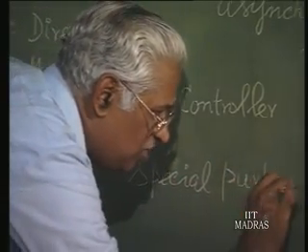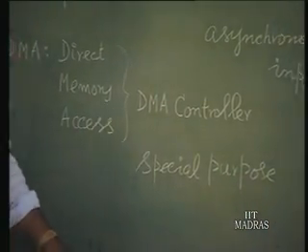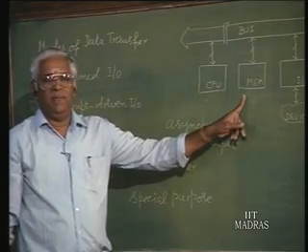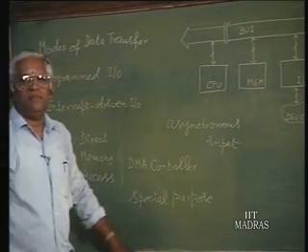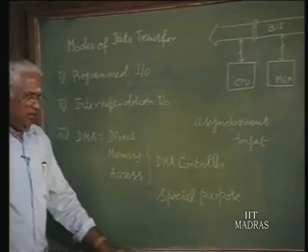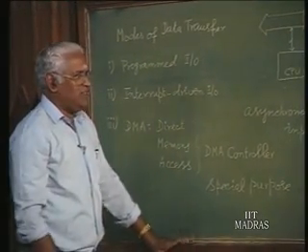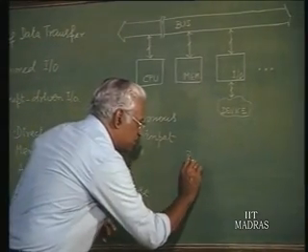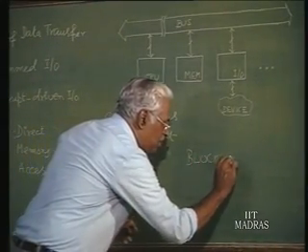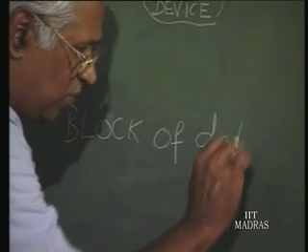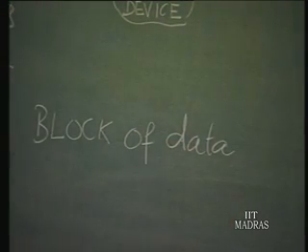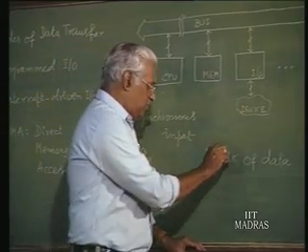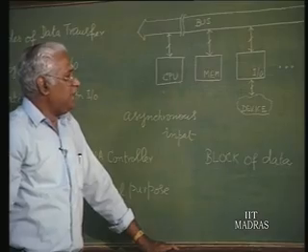Essentially it is to see that the data that is generated by the fast device is routed to the memory, just for that purpose. And remember I said we generally deal with bulk data, generally we talk about a block of data, say a block of 1K size, 2K or 512, even less, but a specific block.